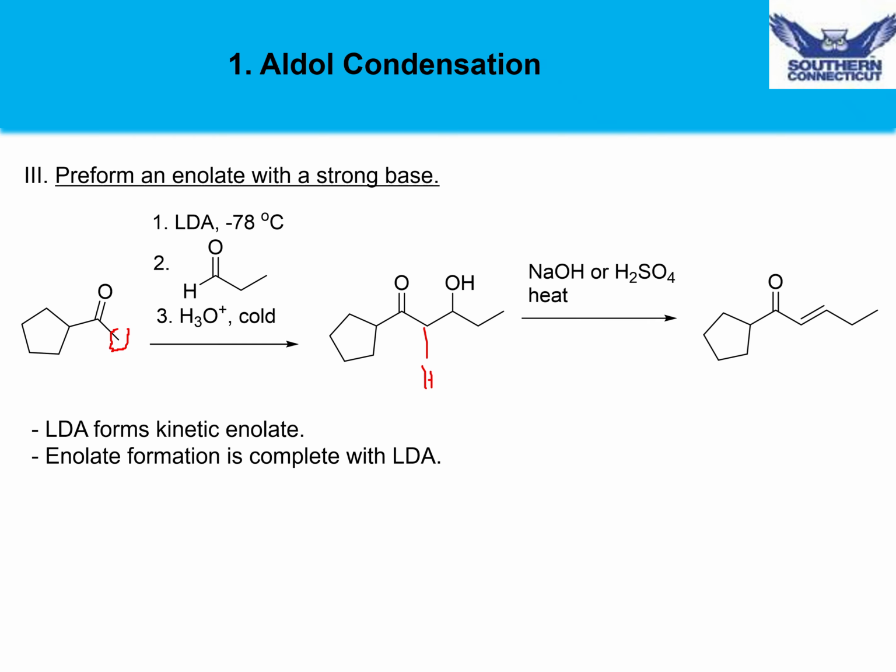If we use base at least, we will remove this hydrogen and form a double bond here by eliminating this alcohol. In the case of sulfuric acid, as we saw earlier, generally sulfuric acid will protonate the alcohol, and then the enol of this ketone will push it out to form the double bond.